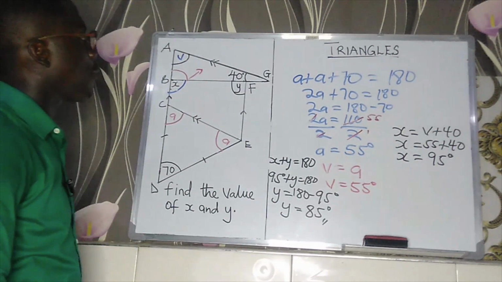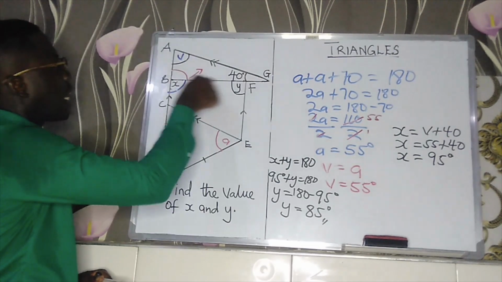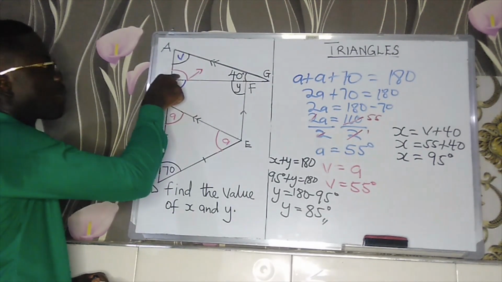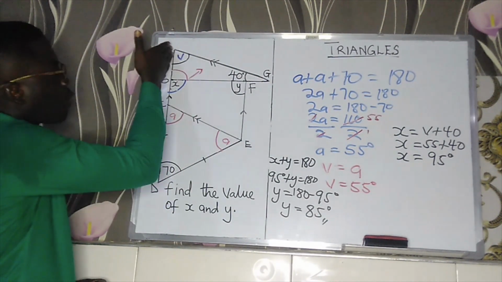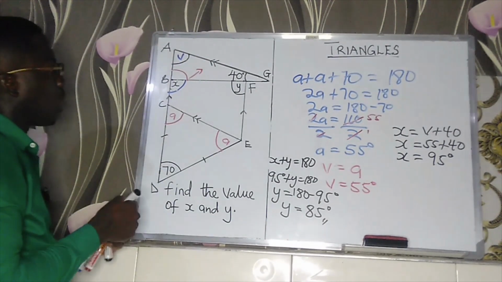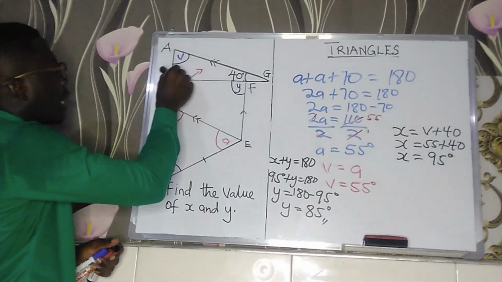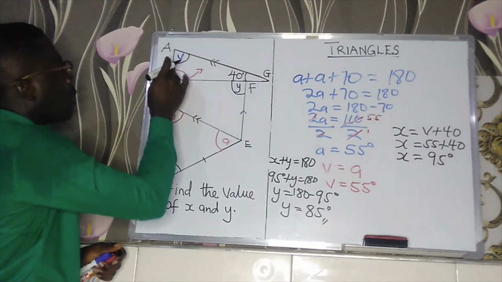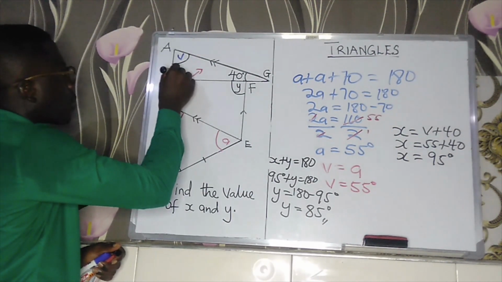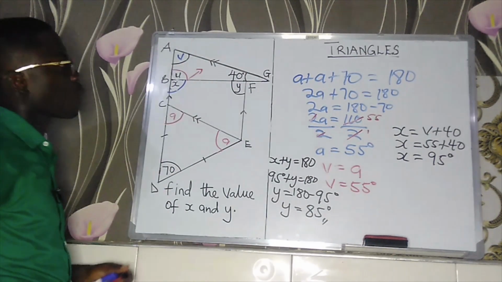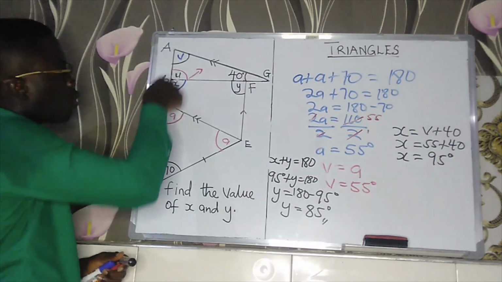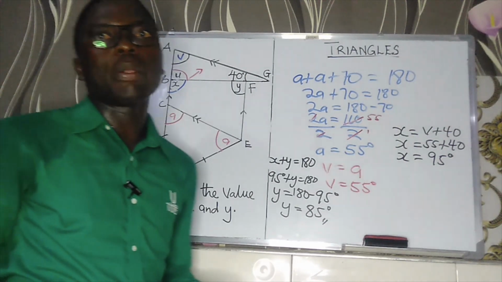In a different way too, we can add this and this equal to 180, solve for this particular angle, and then we have a straight line here or supplementary angles at this particular point, and then we will say u plus x is equal to 180 because straight line angles add up to 180.